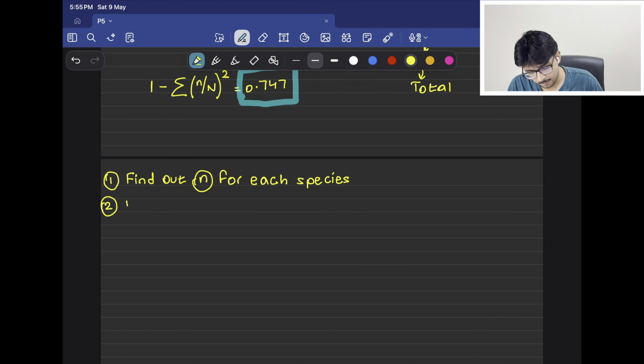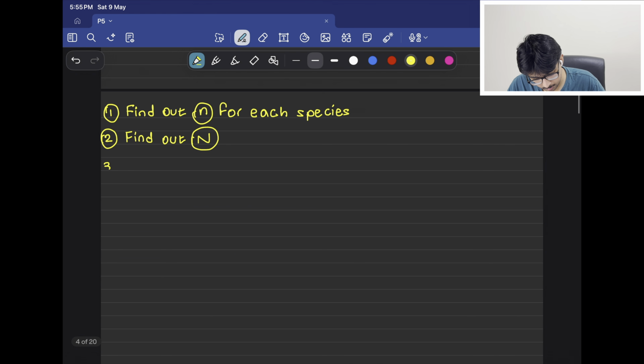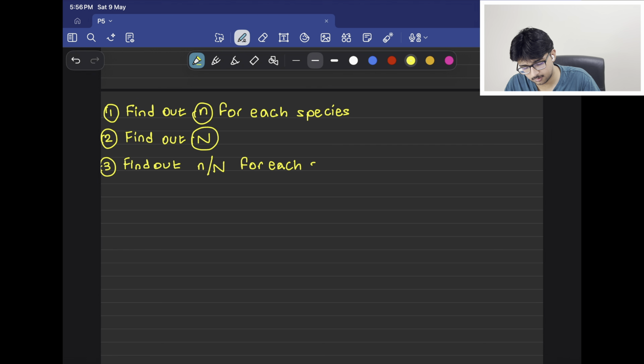Step number two, find out capital N, meaning the total number of organisms in that ecosystem combined together. That's capital N. Step number three, find out small n divided by capital N for each species. And then the second last step is find out small n over capital N squared for each species.